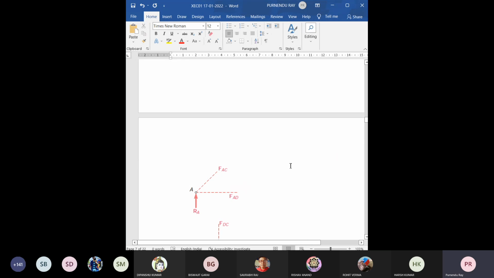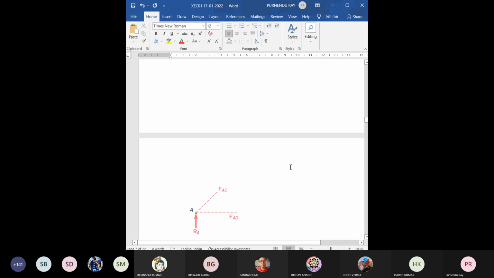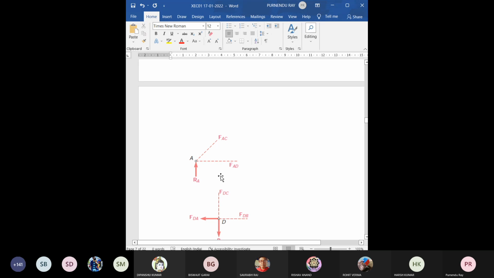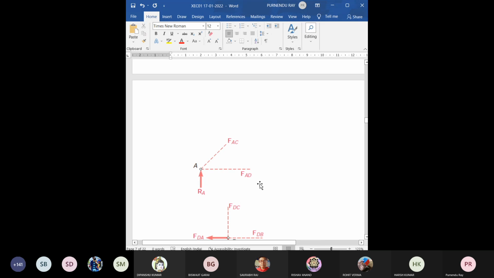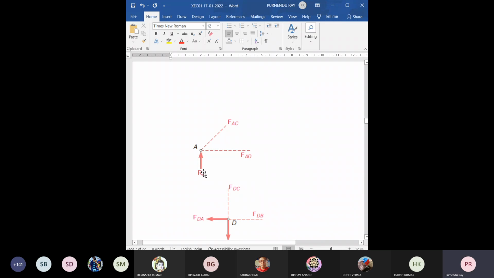Now, next thing, you come to this diagram. At A, the reaction RA. Just hold on a minute.